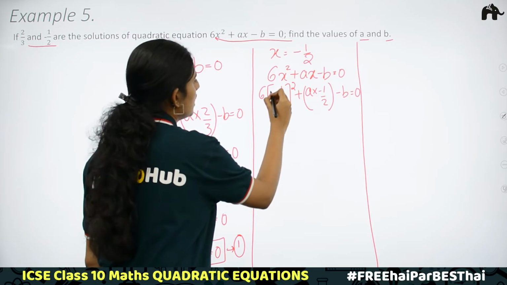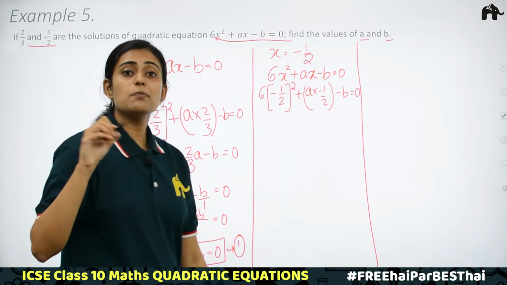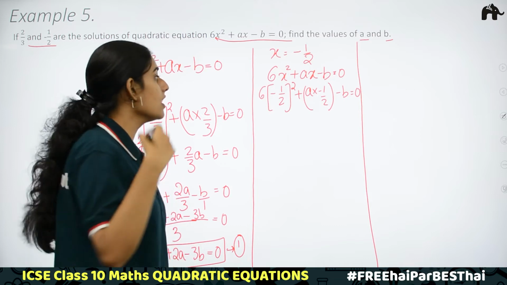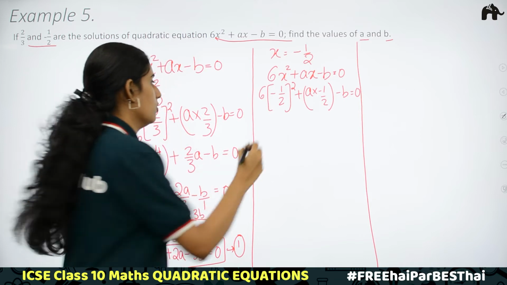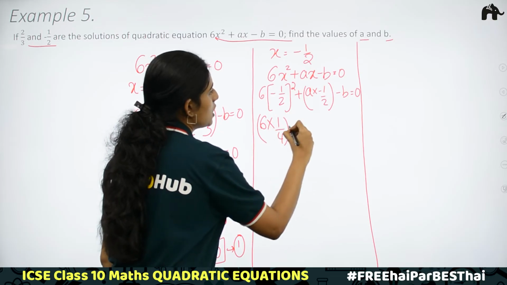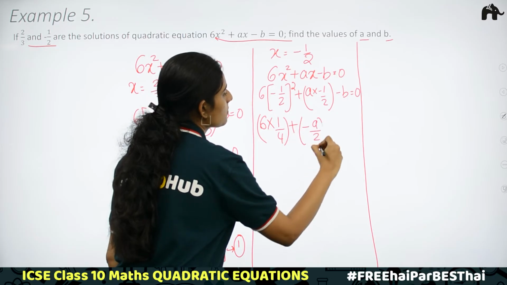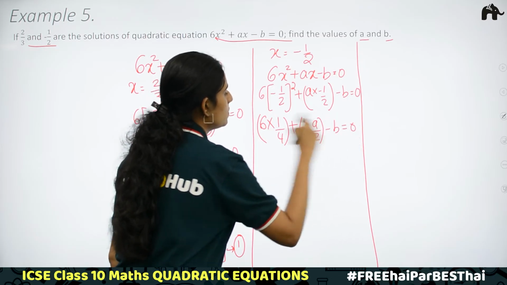That is, minus 1 by 2 square is 1 by 4, not minus 1 by 4, it is 1 by 4. 6 into 1 by 4 plus minus a by 2 minus b is equal to 0.